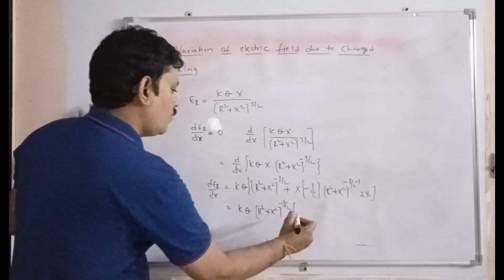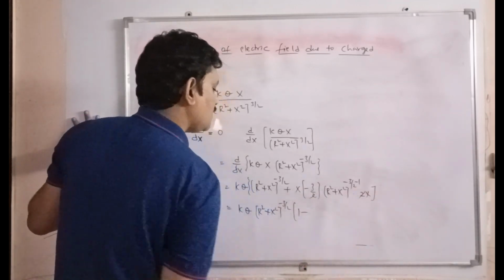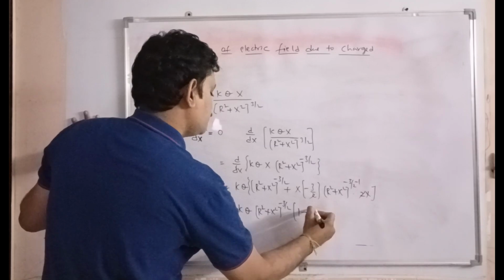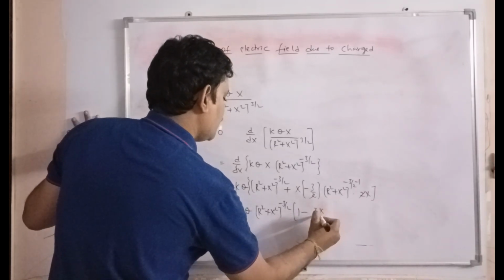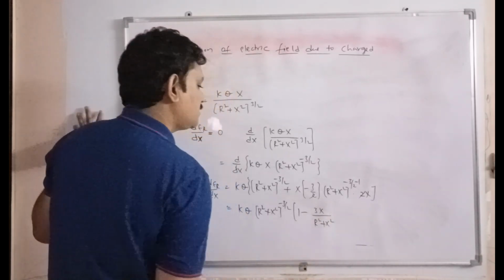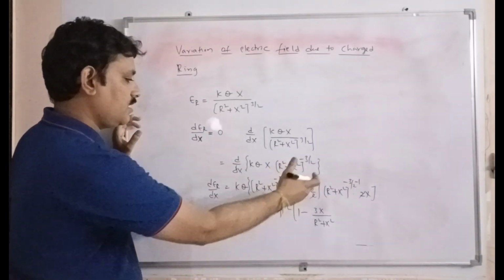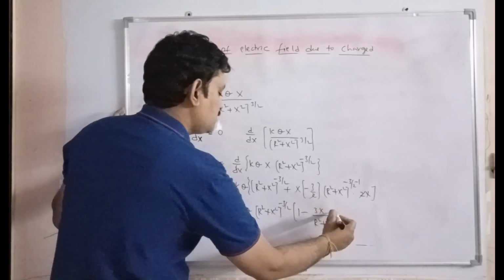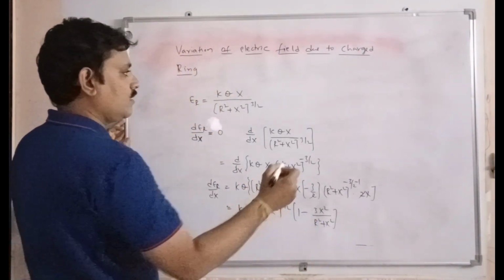Then 1 plus 1, minus 2 cancelled, 1 minus 3x by r square plus x square. Minus 3 by 2, if you take it common, then inside r square plus x square whole power minus 1, so this is 3x square.